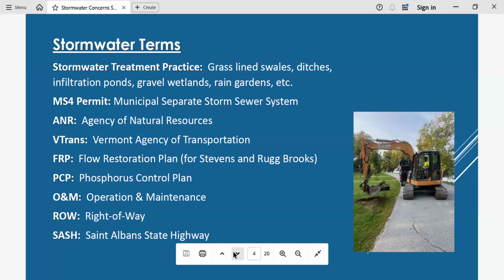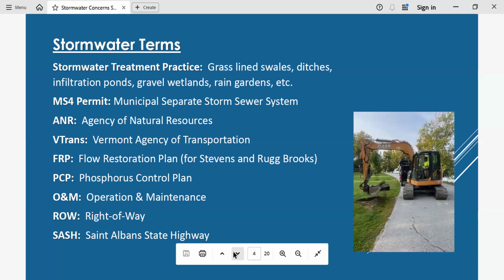The MS4 permit, you probably hear people talk about the MS4 permit. That's the town's state permit that we have with the Agency of Natural Resources, which is the next one, ANR. So the MS4 stands for Municipal Separate Storm Sewer System. So that's where they get the S4. So we are required to do these projects. We have until like 2036 to get these done.